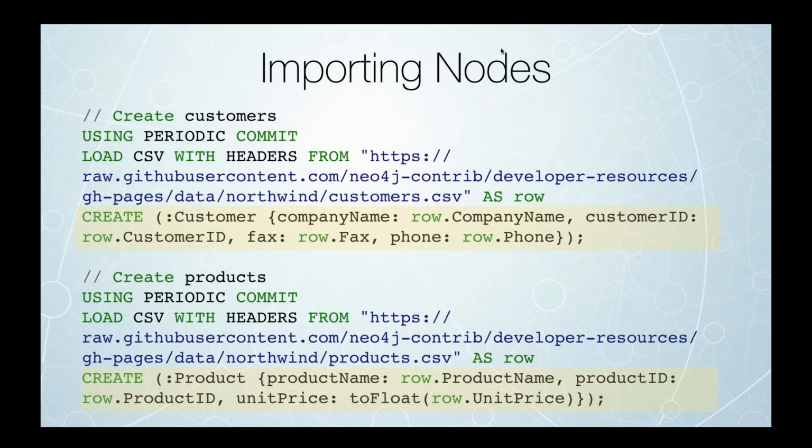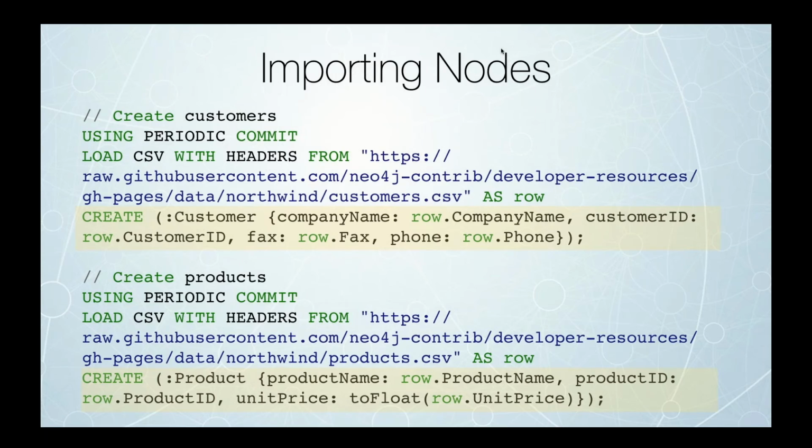In this case, we're using functionality in Cypher called LOAD CSV. You can think of LOAD CSV as a kind of ETL tooling built into the query language that allows us to load CSV files from the file system or from some remote URL. It allows us to iterate through each row of the CSV file and then, using Cypher, define and create the graph with the results of those values.